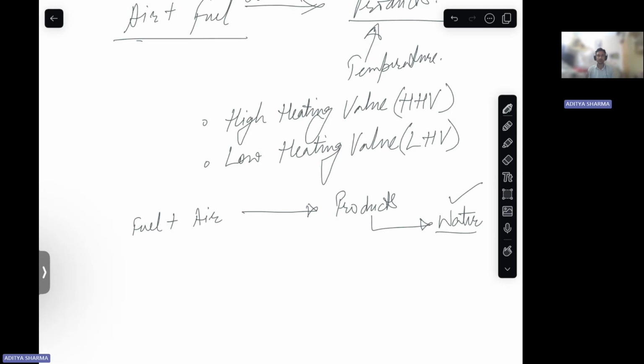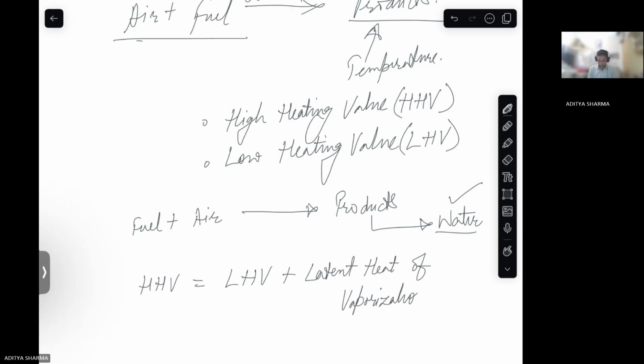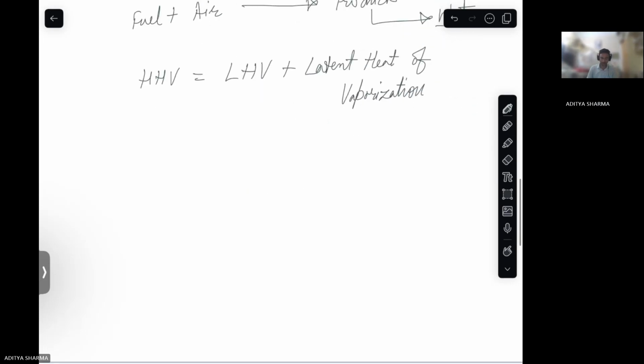This is the difference between high heating value and low heating value. When the water is in condensed state, that is your high heating value. So high heating value basically is low heating value plus latent heat of vaporization.